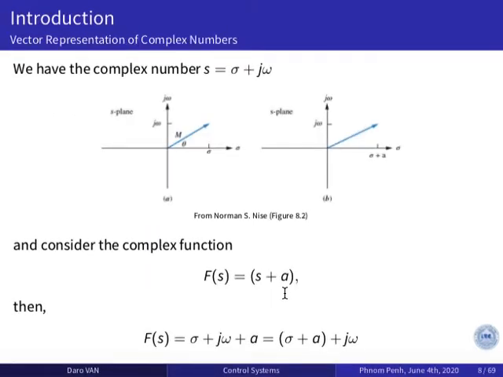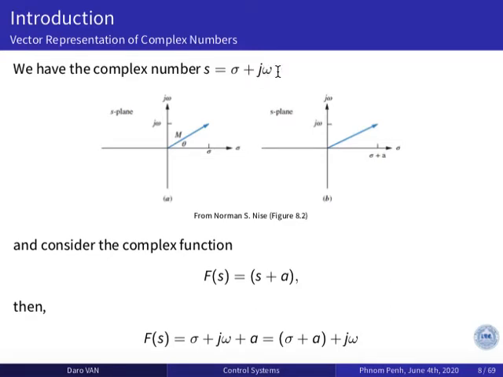So let's review a little bit of mathematics that we'll often see in these lectures. First, the vector representation of complex numbers. Let's say we have a complex number s equal sigma plus j omega.